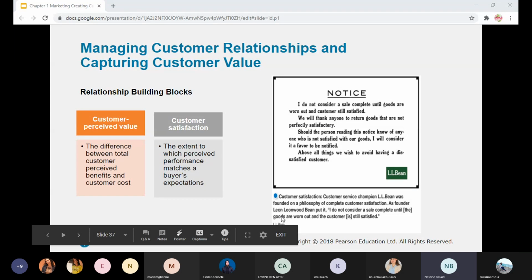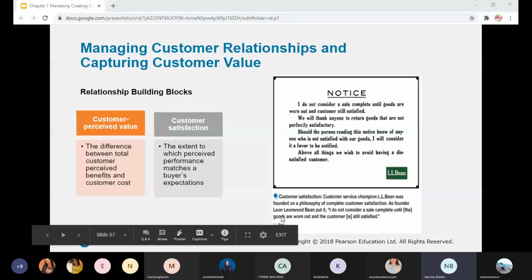Okay? So here, the managing relationship and capturing consumer value. Here, this ad attempts to change the perceived value of Cheerios, which is a cereal bar, by helping consumers evaluate its nutritional value.